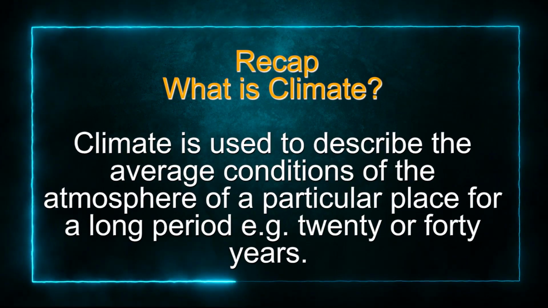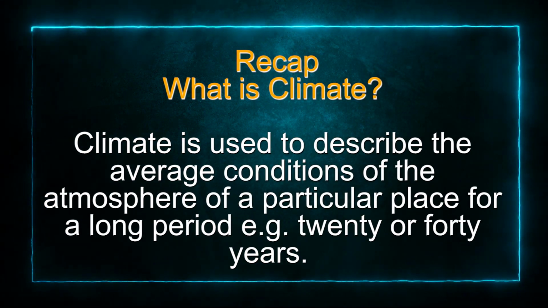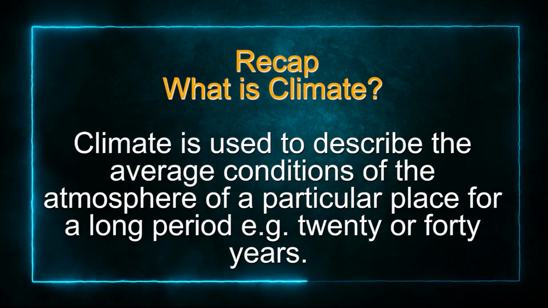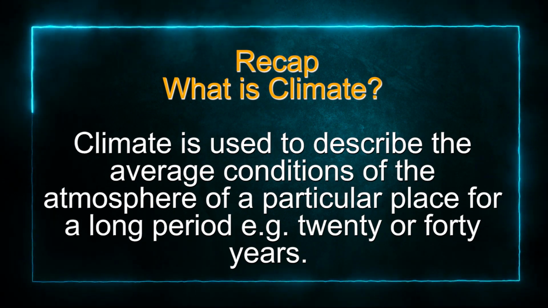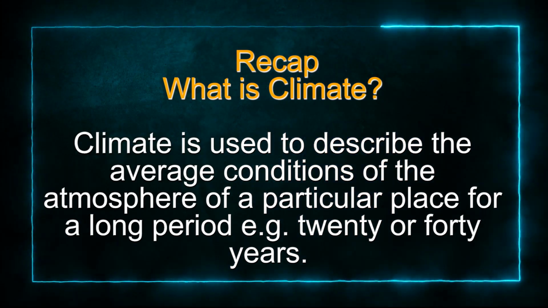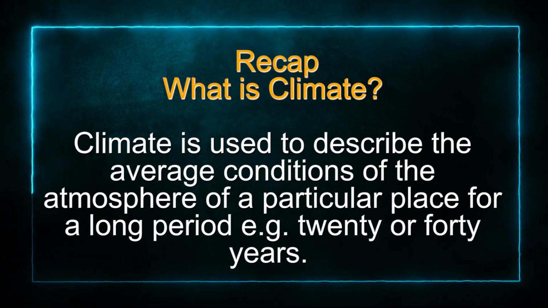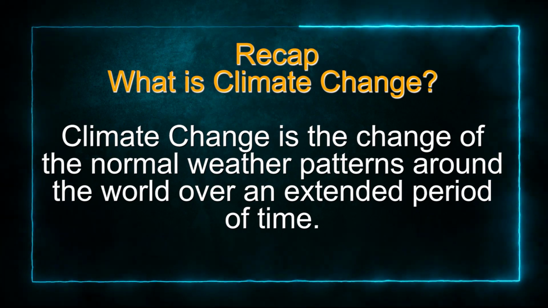What is climate? Climate is used to describe the average conditions of the atmosphere of a particular place for a long period. And that means for years, for 20 years, 30 years, 40 years, and more. What is climate change?